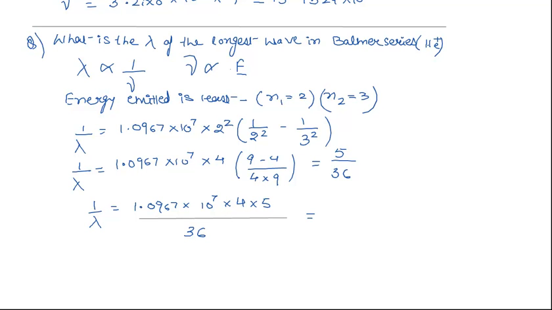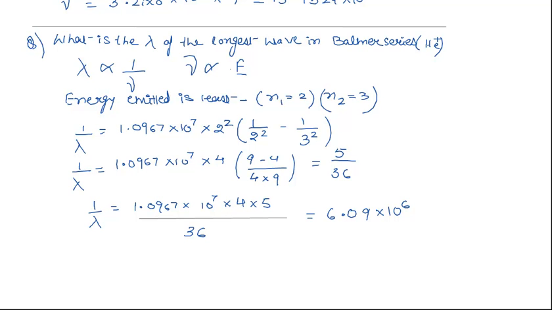So it is 1.0967 into 10 to the power 7 into 4 into 5, and that is divided by 36, right? Now it comes out to be 6.09 into 10 to the power 6, right?